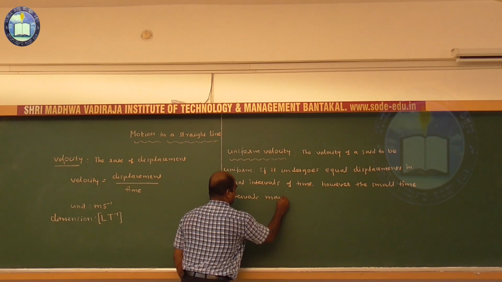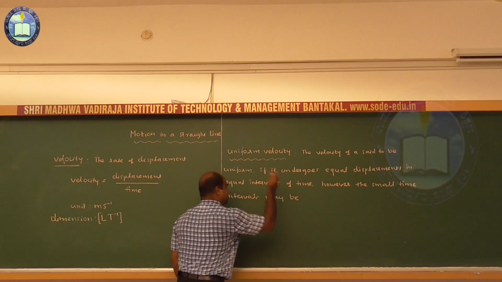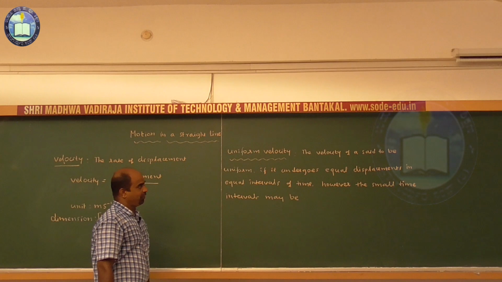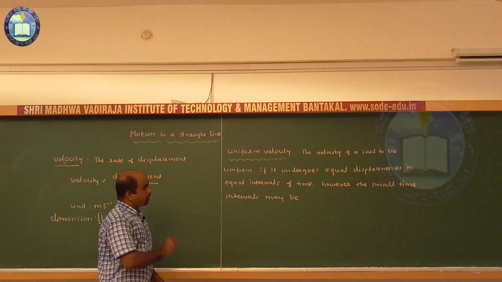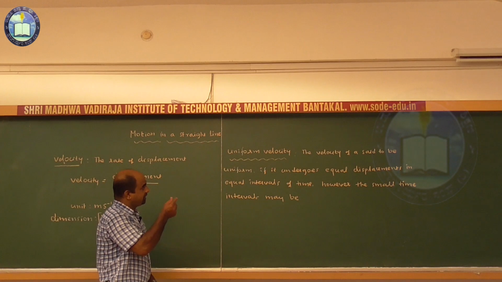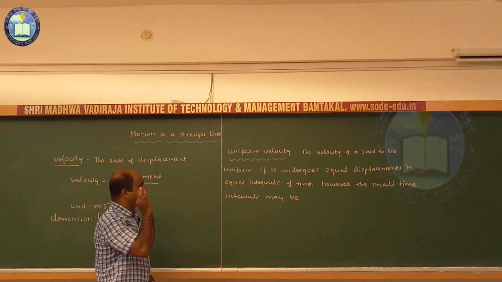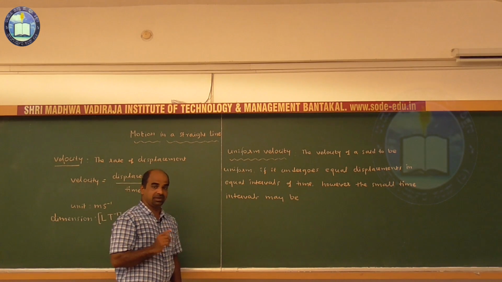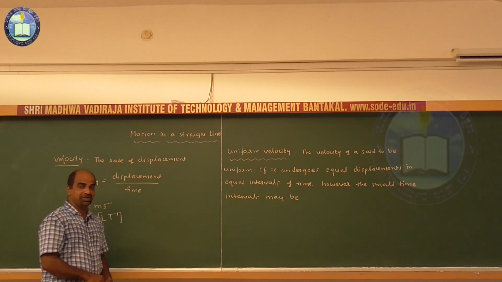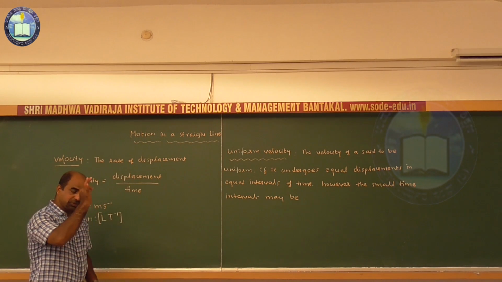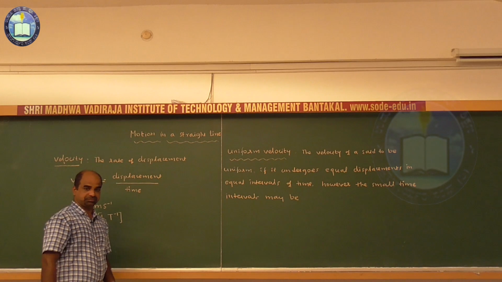We already stated this uniform velocity in the previous video, but taking one good example: if a body covers equal displacements in equal intervals of time, then the velocity of the body is said to be uniform. Remember, students, velocity is a vector physical quantity. It has both magnitude and direction.